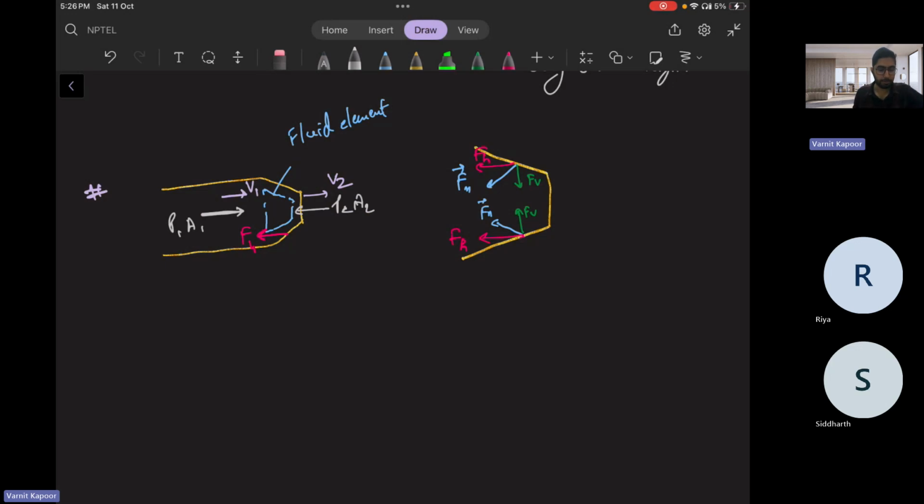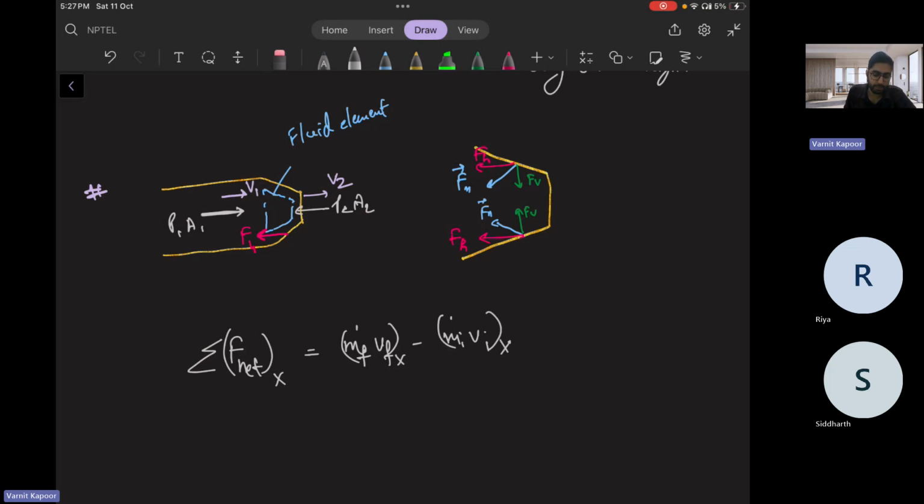So apply the impulse momentum equation for a particular direction. Net force in the x direction is nothing but change in momentum: m final v final rate in x direction minus m initial v initial rate in x direction.